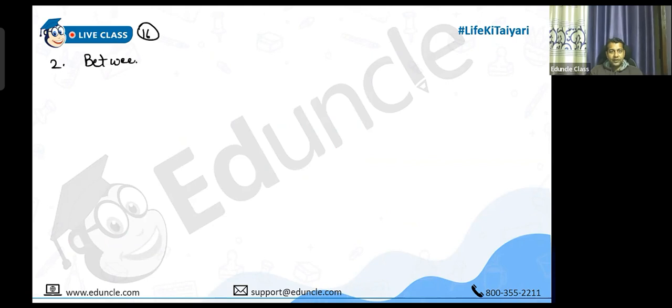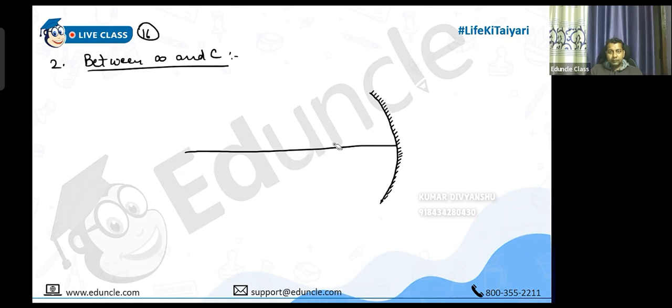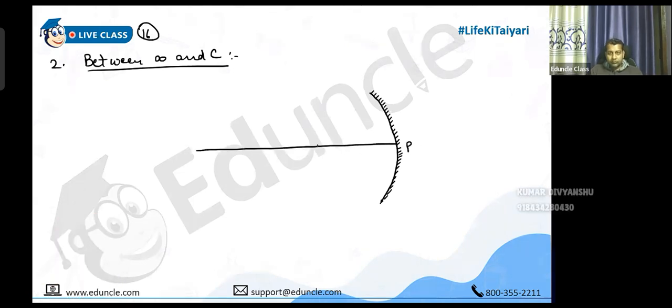Object is between infinity and c. So the object is somewhere here.